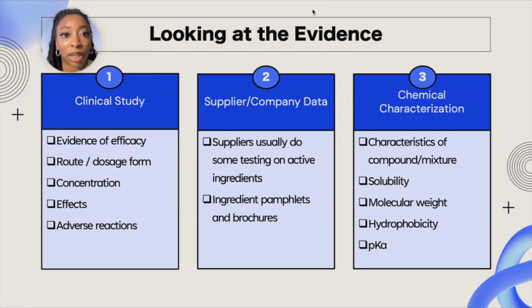Clinical studies are going to show the efficacy of an active ingredient. They'll talk about the dosage form, the concentration, the effects, and the adverse reactions. Suppliers and companies or brands: suppliers will have data on the ingredients that they sell, especially the actives, and they'll try to do some sort of testing to support the use of that active.